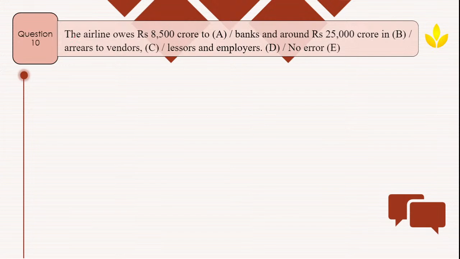So as usual, the fragments are broken. You can look at the subject, airline, singular, that is better, but "to banks" is also okay. Followed by around 25,000 crores in arrears. To whom do they owe this money, from whom they borrowed this money? Vendors, lessors and employers.